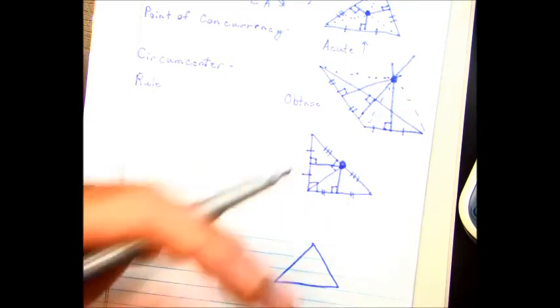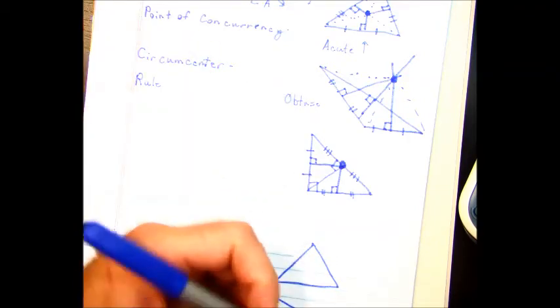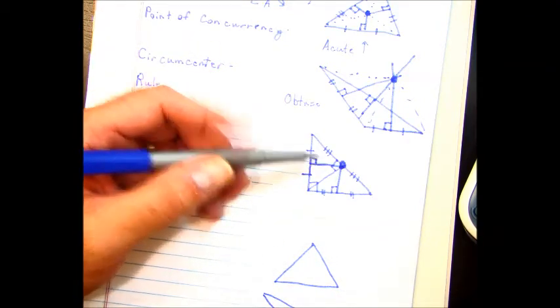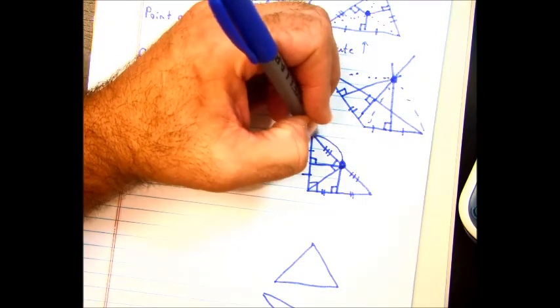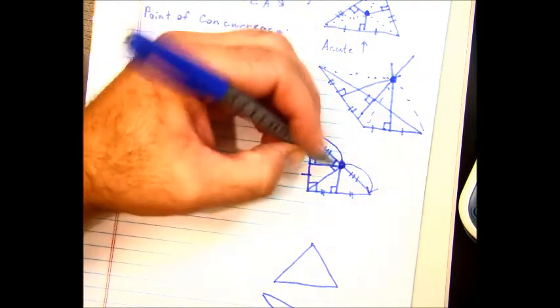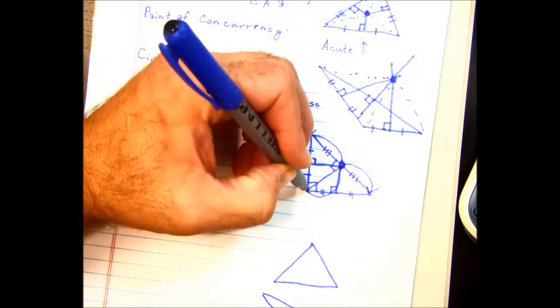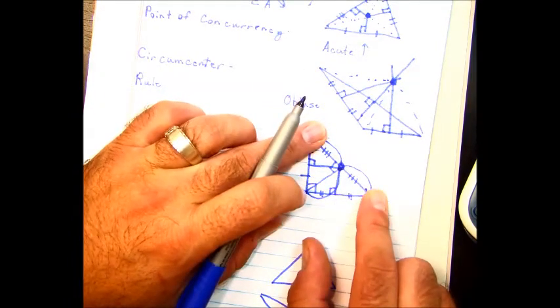So when you look at the picture, you have to identify the difference between bisected sides and bisected angles. This one is bisected sides. And this point is the same distance to here as it is to here as it is to here. Okay? It's the same distance to all of the corners.